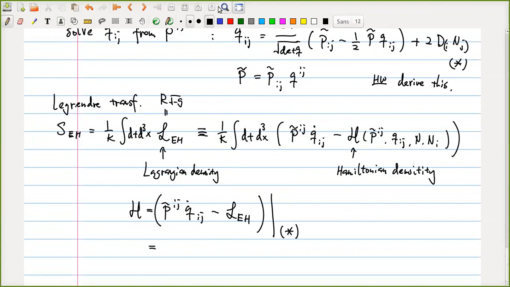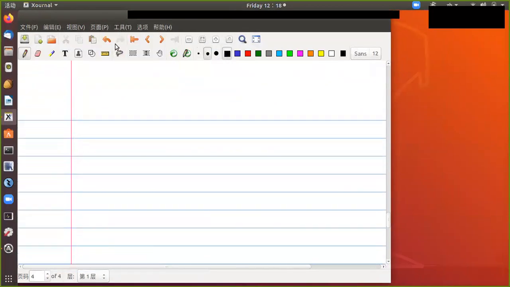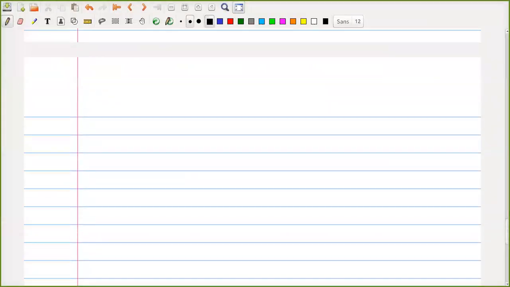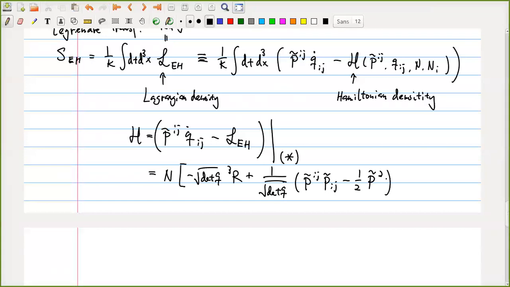Just plug in the previous formulas. The result is n multiplied by minus square root of determinant q times R3 plus 1 over the square root of determinant q times P^ij P_ij minus 1/2 P squared.